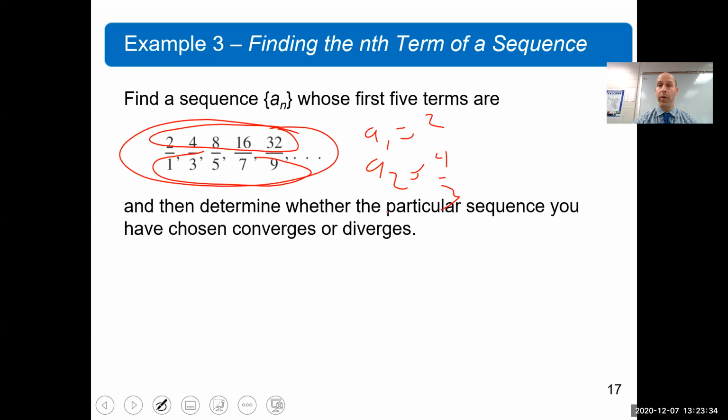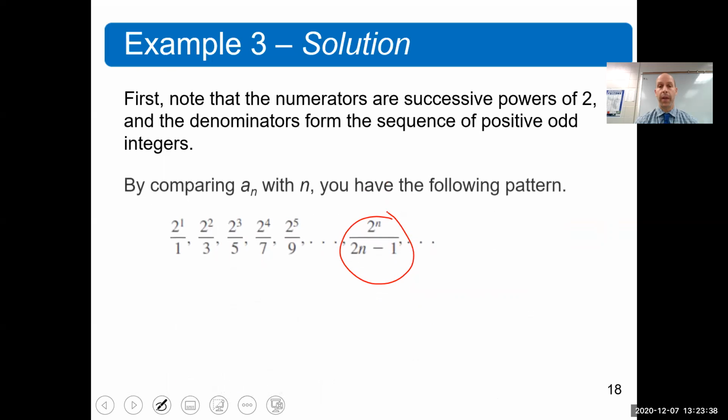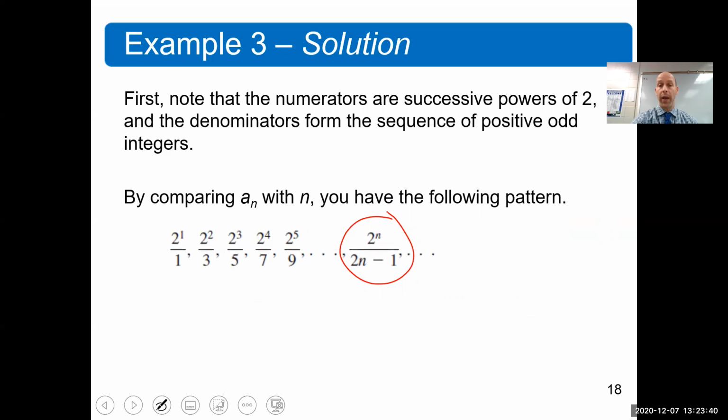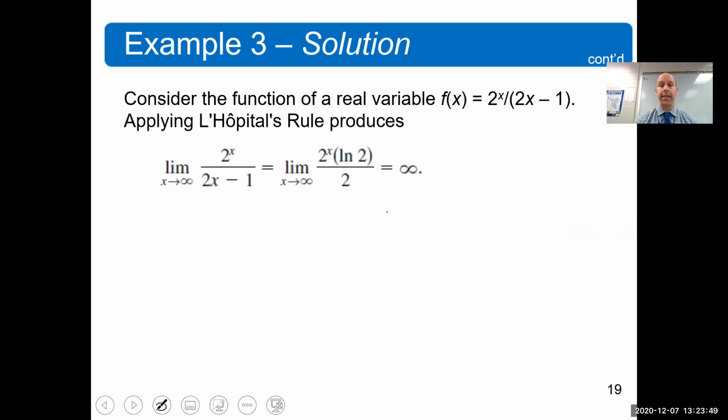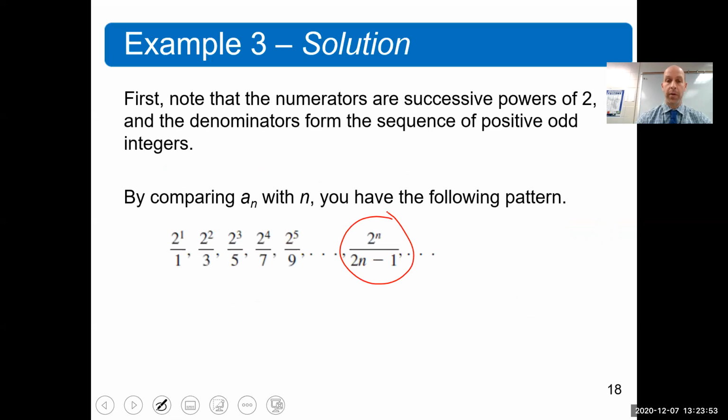Now for the bottom, the rule for odd integers is just 2n minus 1. If n is 1, 2n minus 1 is 1. If n is 2, 2 times 2 is 4, minus 1 is 3. So this is the nth term. Let me put that on this last slide: a sub n is 2 to the n over 2n minus 1.